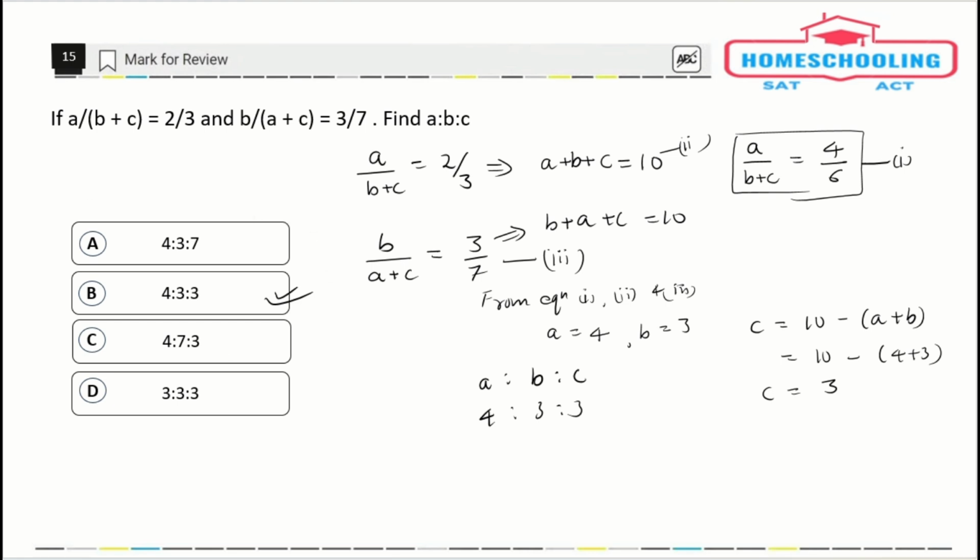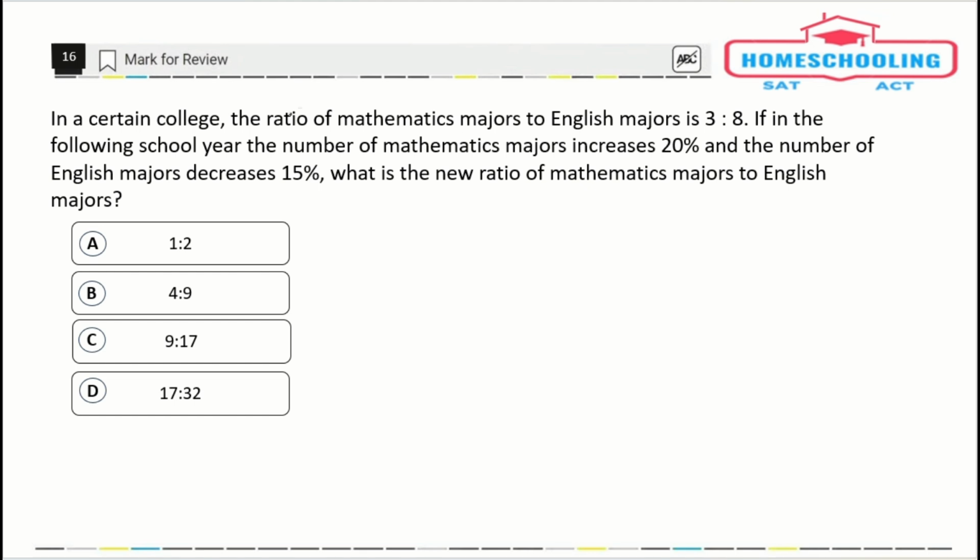Now moving to the next question. In a certain college, the ratio of mathematics major to English major is 3 is to 8.